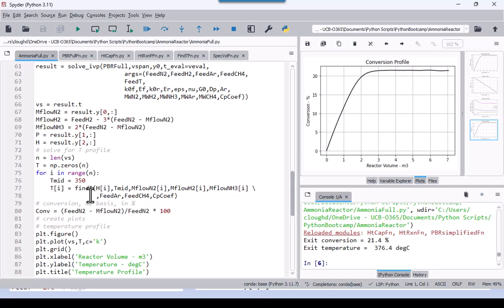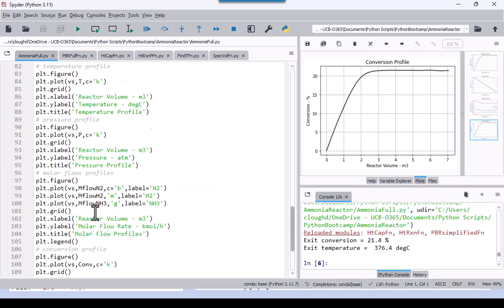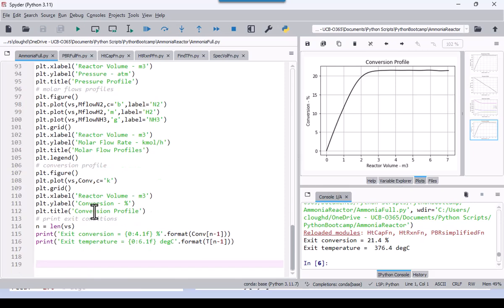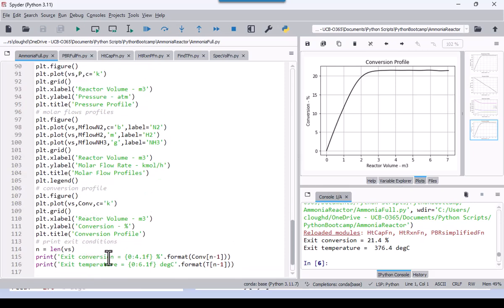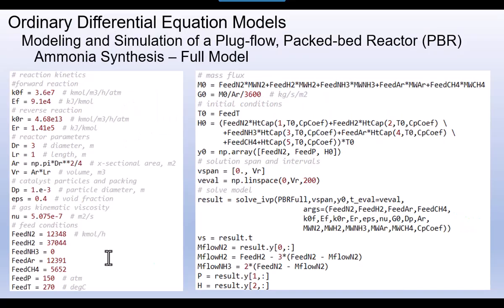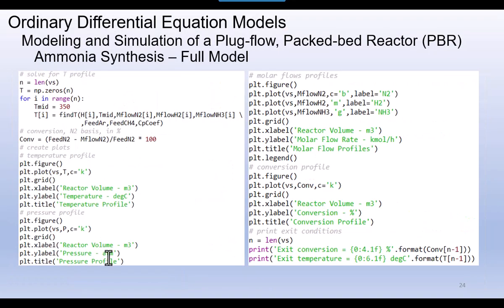And that's why we included it at the top of the script. And then getting the conversion is the same as before. And then we have our plots, all right? And we have our exit conditions displayed. So that's how we did that, and that's what's shown on this slide.